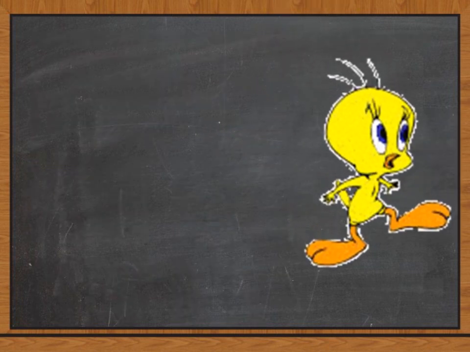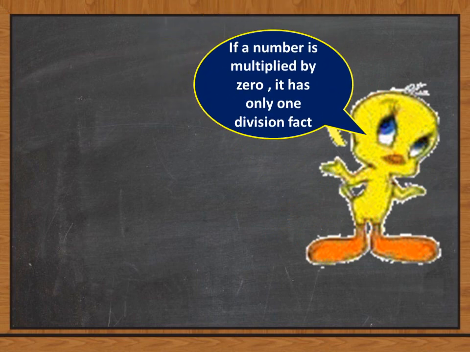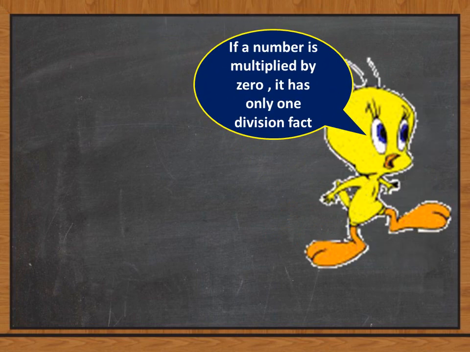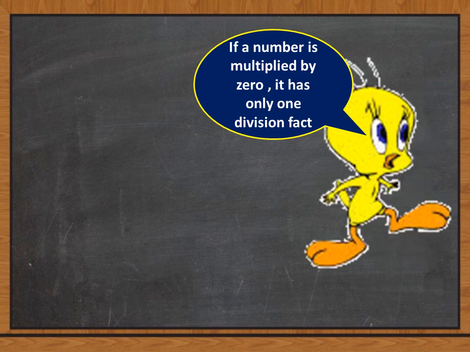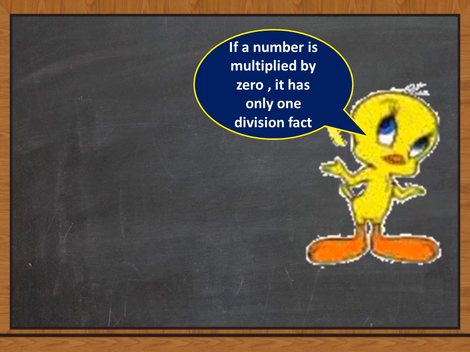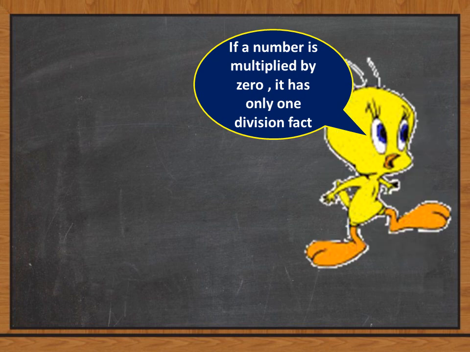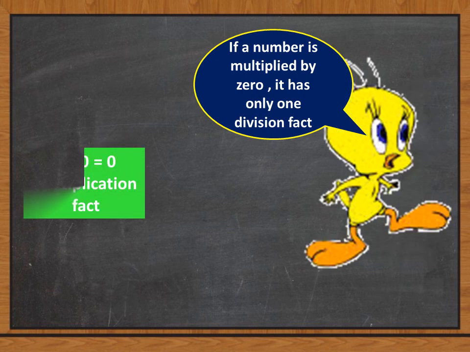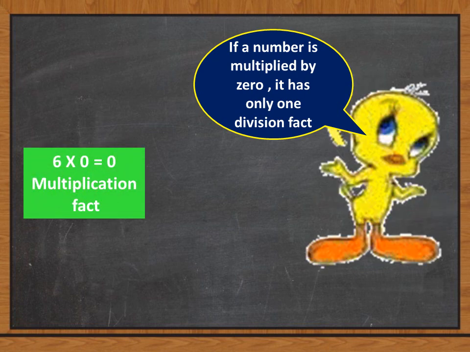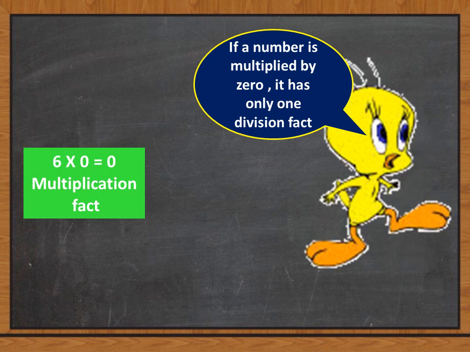Here we will see another case. We know that clearly, any number multiplied by 0, we will get 0. Good. If a number is multiplied by 0, it has only one division fact. Look at the example. 6 into 0 equals to 0.